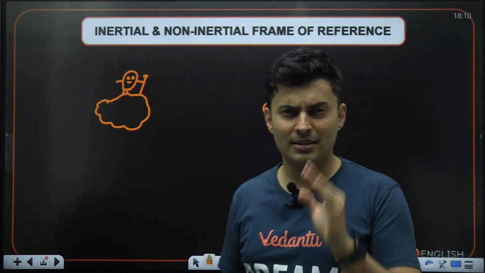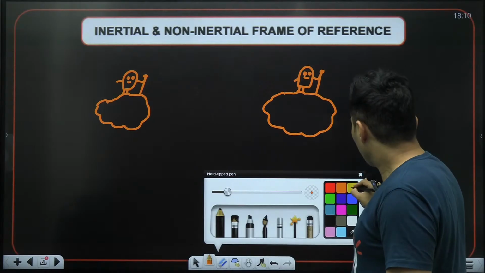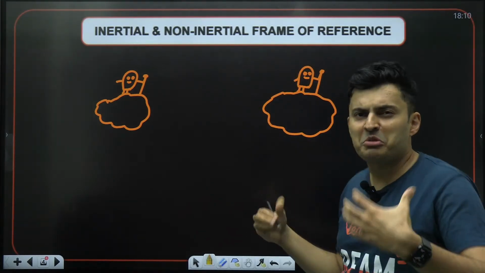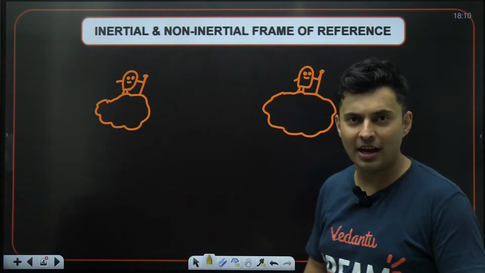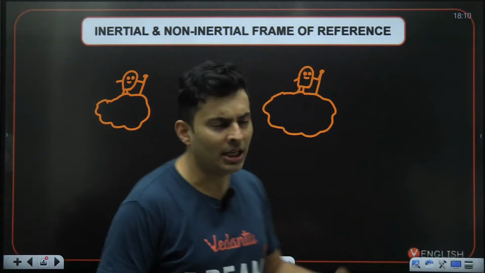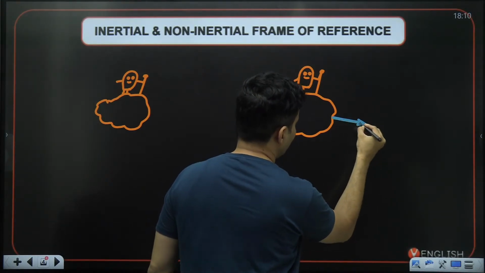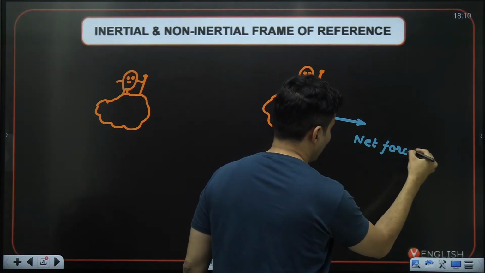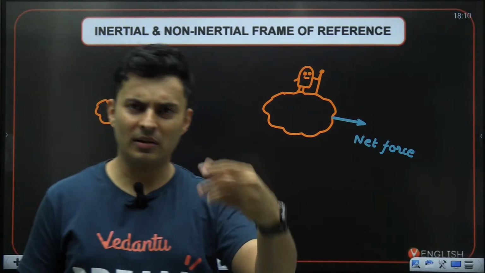I'll come to what it is in a bit. Hold on. See, let's say this particular rock is magnetic in nature, some charges are there on it, some minerals, some ore is there, and some other neutron star, some crazy activity is happening, and there is some force being applied on this rock. Maybe there is some net force applied on this rock because it was some charged body, maybe some magnetic material.